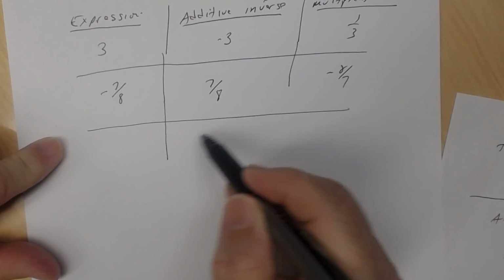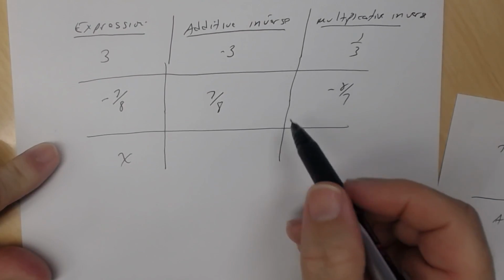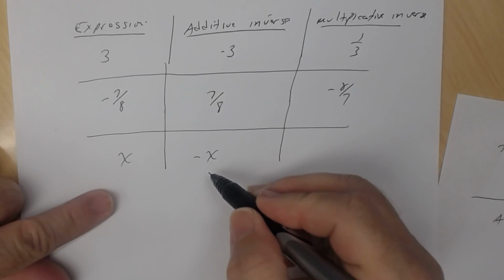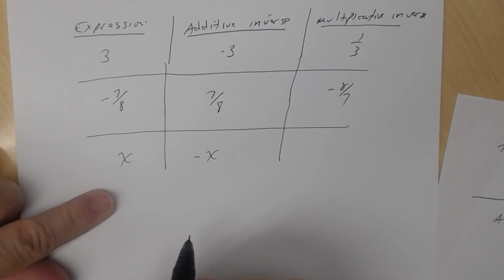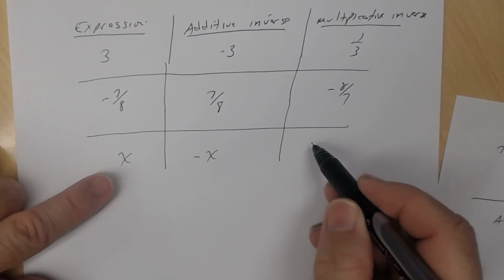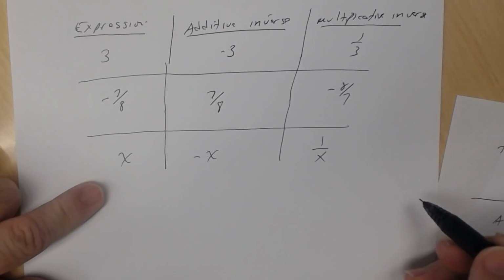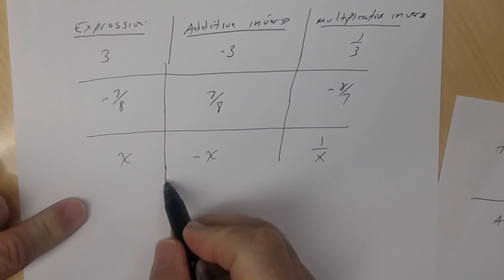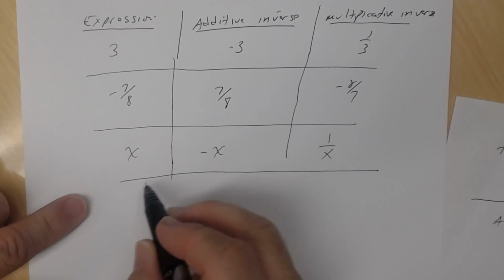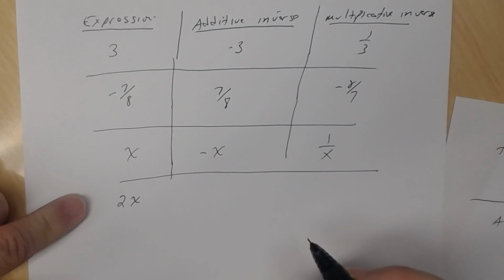Let's say I had x. The additive inverse of x, the opposite of x, is a negative x. When I add x and negative x, I get 0. The multiplicative inverse is the reciprocal of x, which is 1/x. Okay, let's look at 2x.